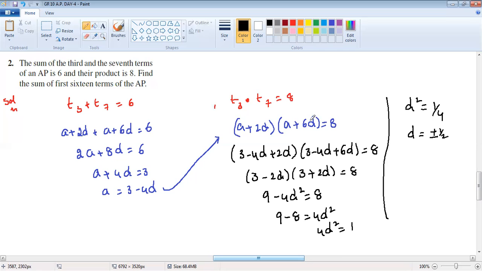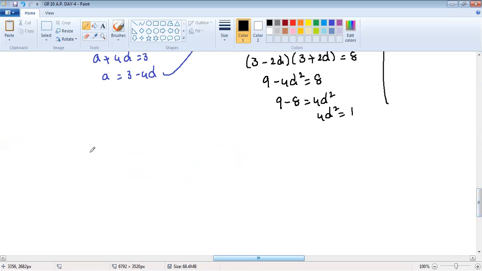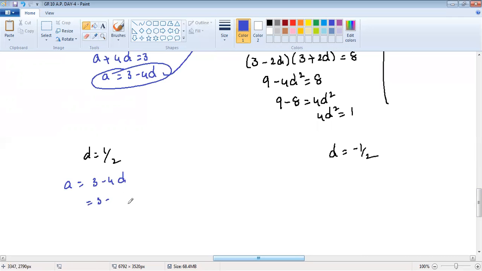Okay. Now here two cases will arise. One is D value 1 by 2, another is D value minus 1 by 2. Based on that, we have to construct the A value. A value is 3 minus 4D. So 3 minus 4 into 1 by 2, so 3 minus 2, which is 1.